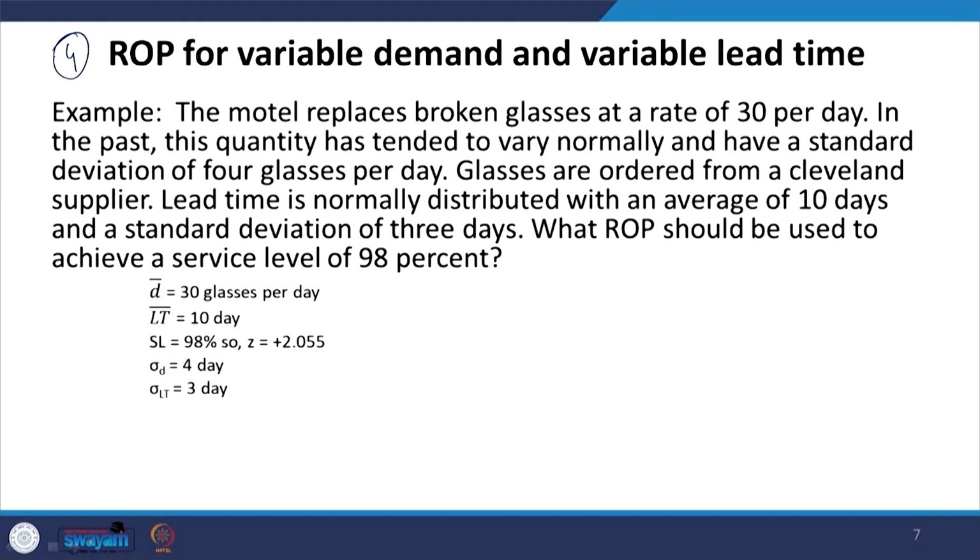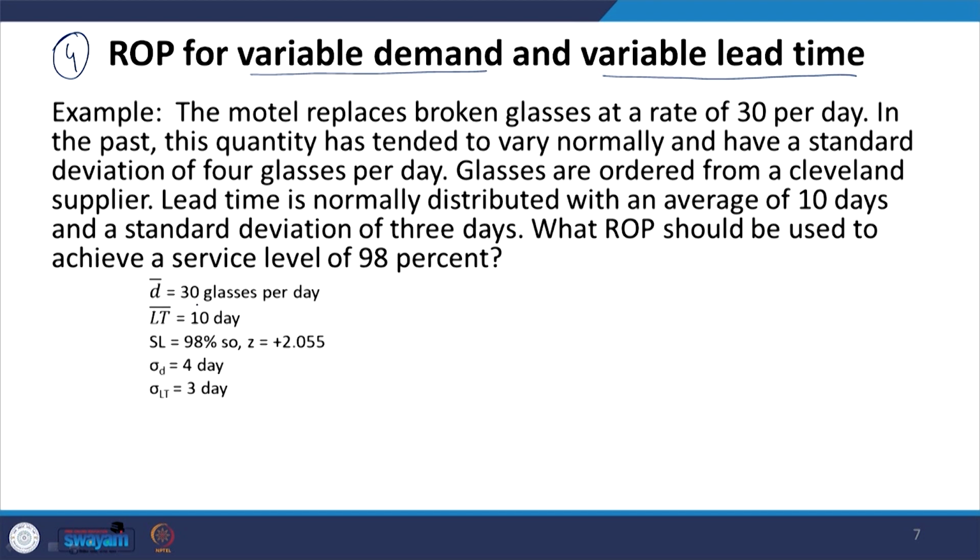Then we go to the next example, where we have a more complex situation. Here the demand is also variable and lead time is also variable. Both demand and lead time are variable, and in the same way we go with this example.